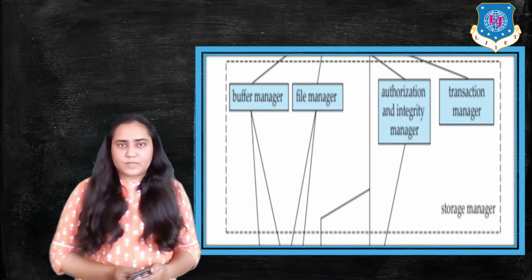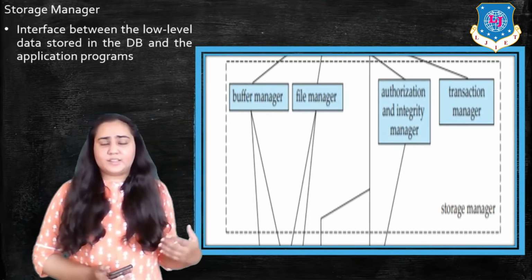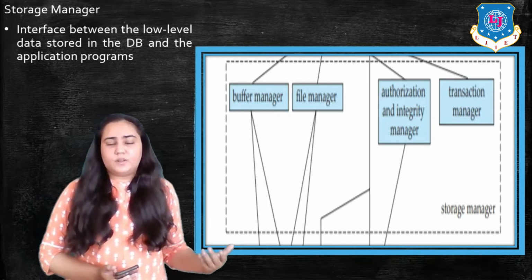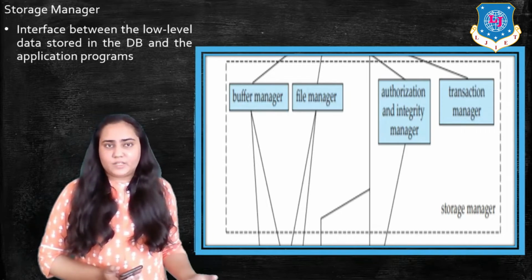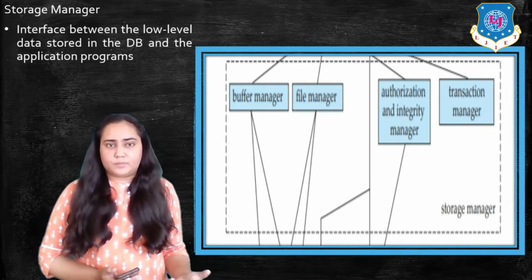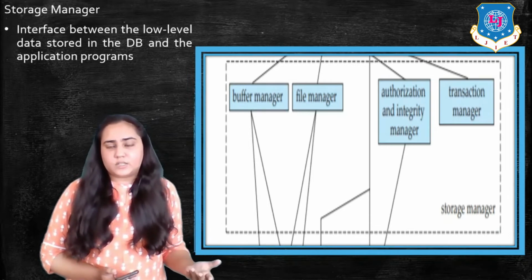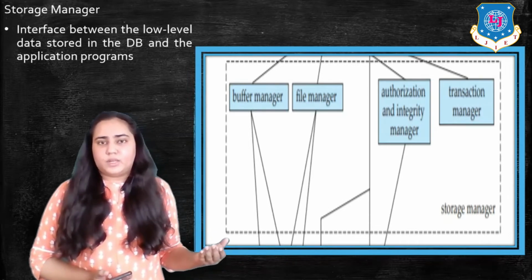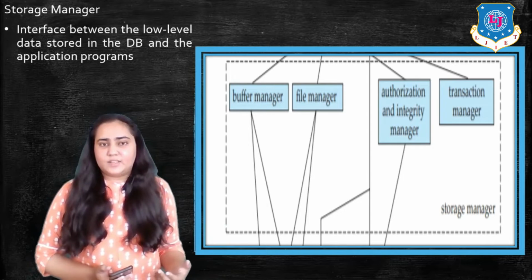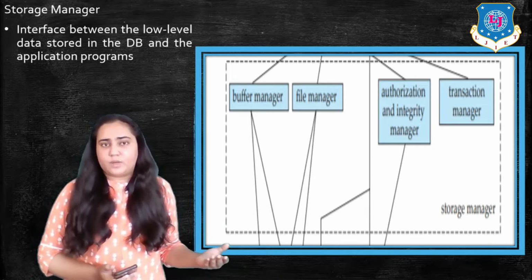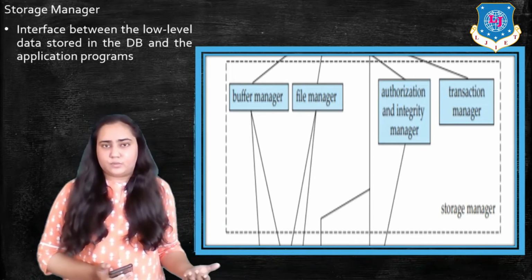The storage manager acts as an interface between the low-level data that is stored in the DB and the application programs. Application programs are all the programs that use the database. For example, in your day-to-day life, if you are accessing your results through a university web page, that is an application program.